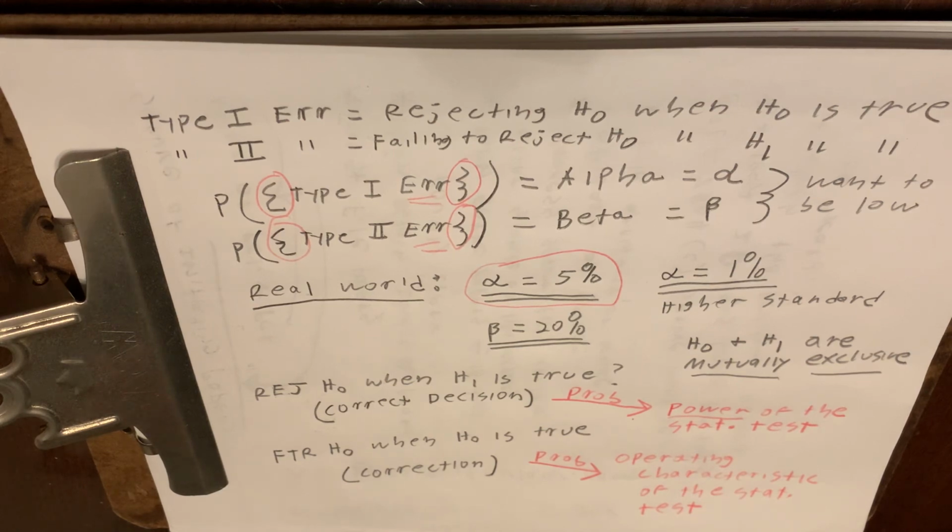So we have two types of errors, and we have two types of correct decisions. And this is the most simple hypothesis testing paradigm that we can really introduce these ideas with. Is there a link between this and that?